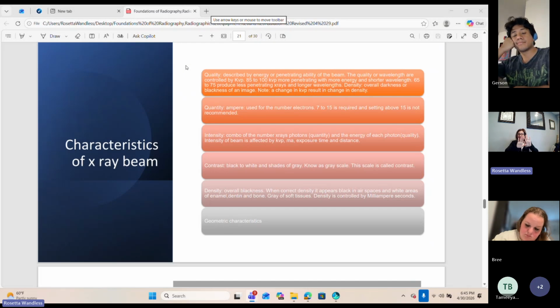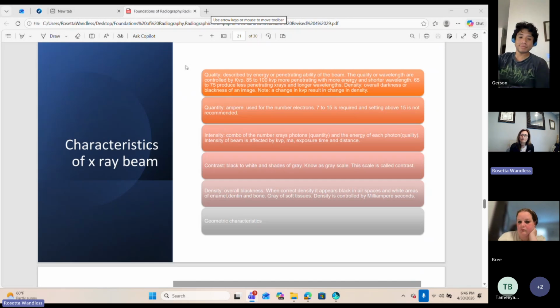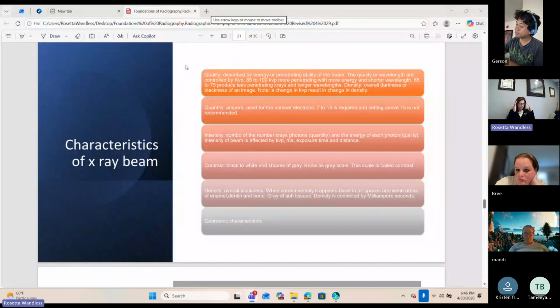Because gray has different shades of gray, it's very hard to determine things different in that gray shade scale, okay? But black and white, you can see very crisp, clear images. Grayscale, low contrast, not clear enough, not a good quality. Does that make sense? Pretty much? Okay. But by definition, contrast means grayscale. So when we want high contrast, we want not a lot of grayscale. When we have low contrast, we have a lot of grayscale, okay?